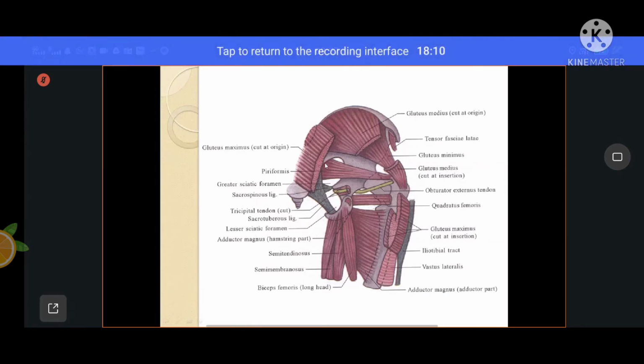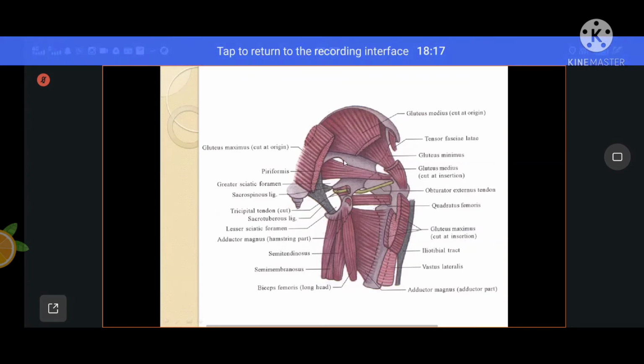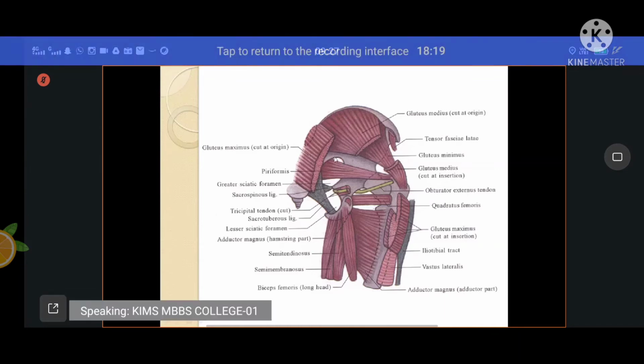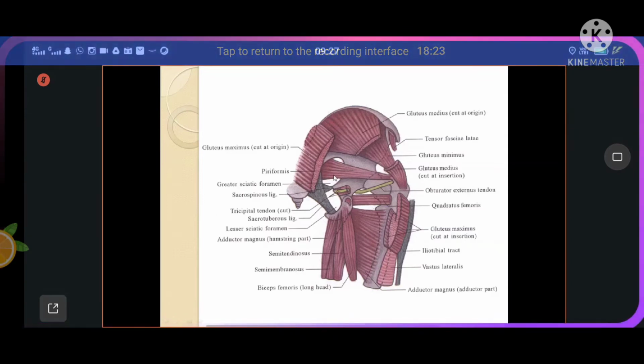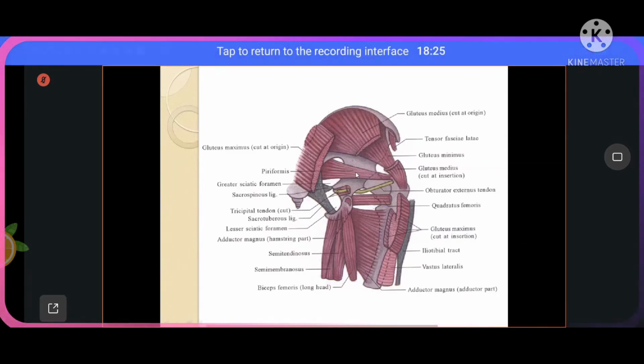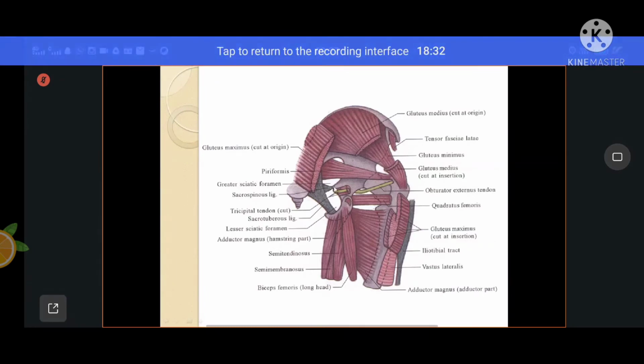Now, what is happening here? Once it is getting its origin from the sacrum, it is passing through the greater sciatic foramen to enter into the gluteal region. So now you see here the greater sciatic foramen and the lesser sciatic foramen. These are both the gateways to the gluteal region.